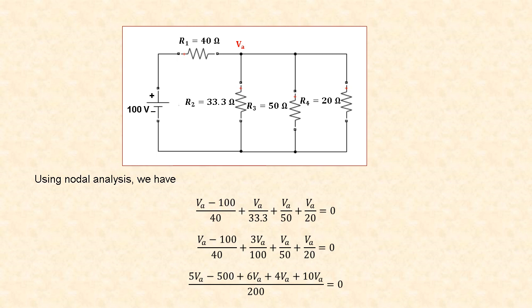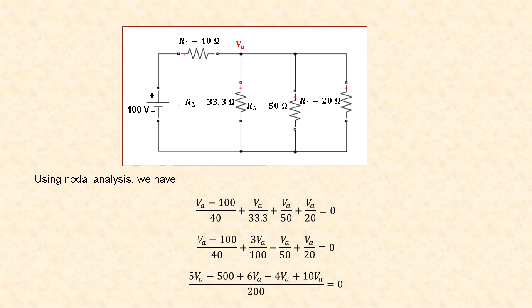Hence, by applying KCL, we have VA minus 100 divided by 40. This is the current through resistor 40 ohm plus VA by 33.3. This is the current through resistor R2 plus VA by 50. This is the current through 50 ohm plus VA by 20. This is the current through resistor R4 is equal to 0, since here all the currents are leaving.